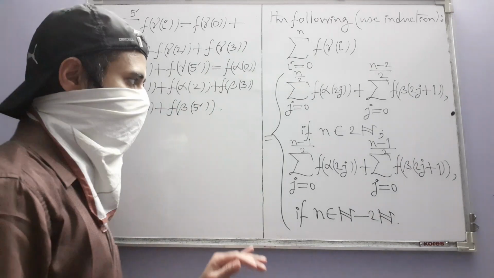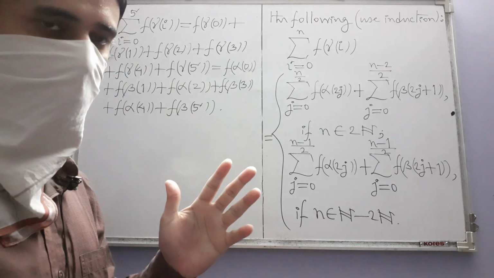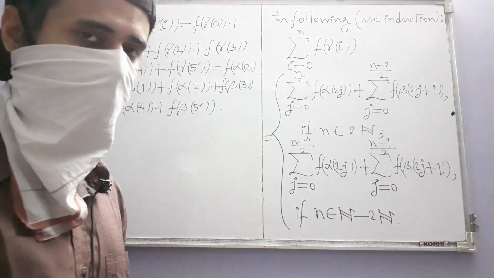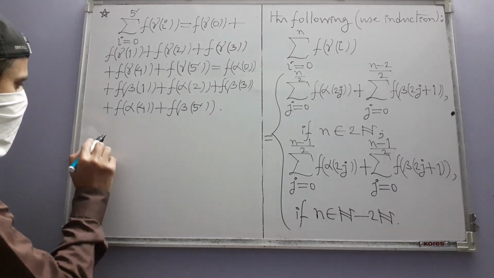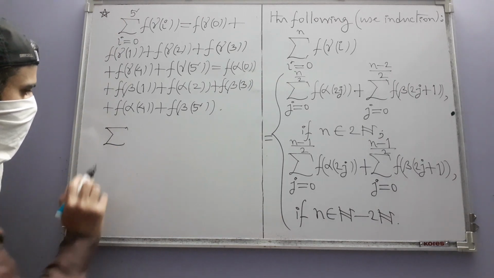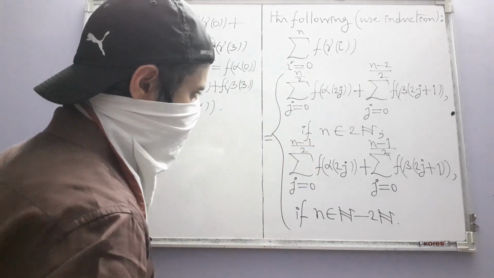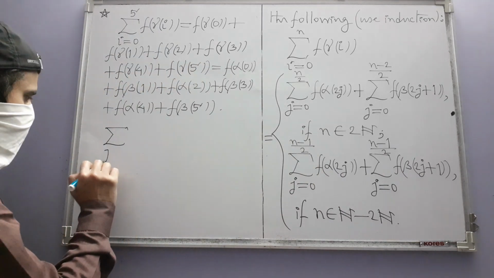Because n here is odd, 5, let's calculate this. 5 minus 1 is 4, 4 over 2 is 2.